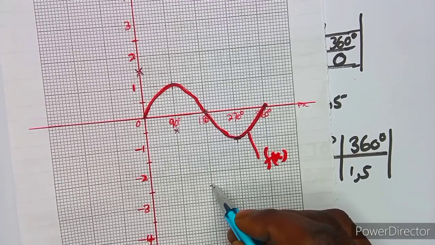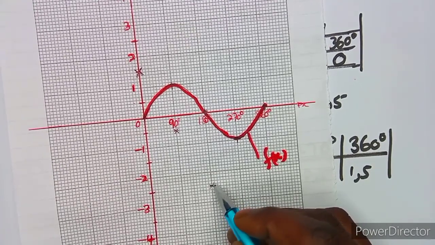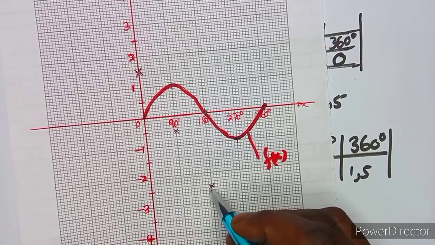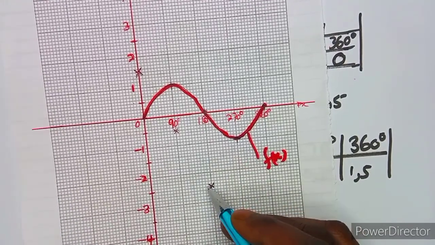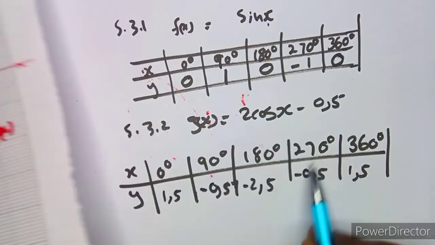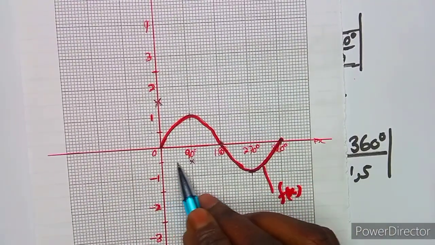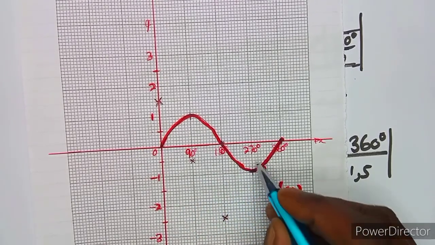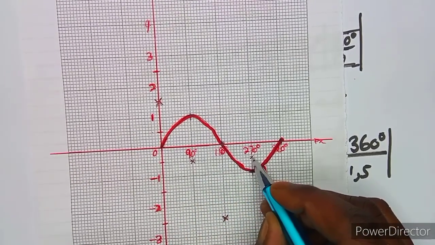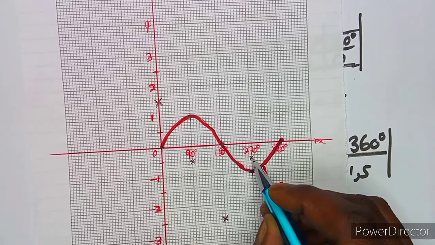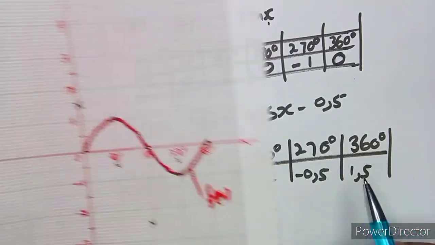Make sure the point is in between. Then it's 270 versus minus 0,5, the one that we had before, somewhere here. Then 360 versus 1,5.